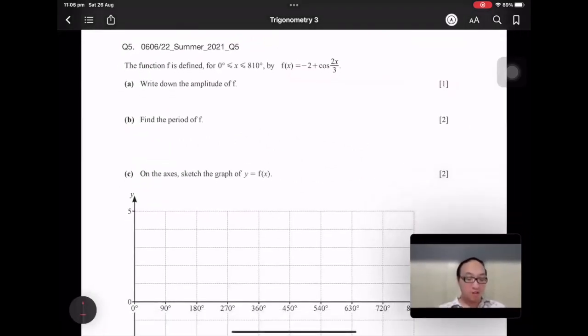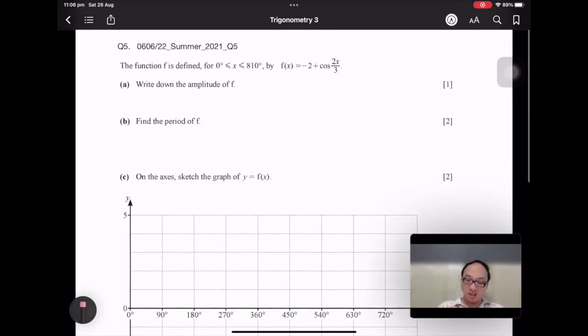The function f is defined from 0 until 810 by the function shown. Write down the amplitude of f. So c equals -2, a equals 1, and b equals 2/3.